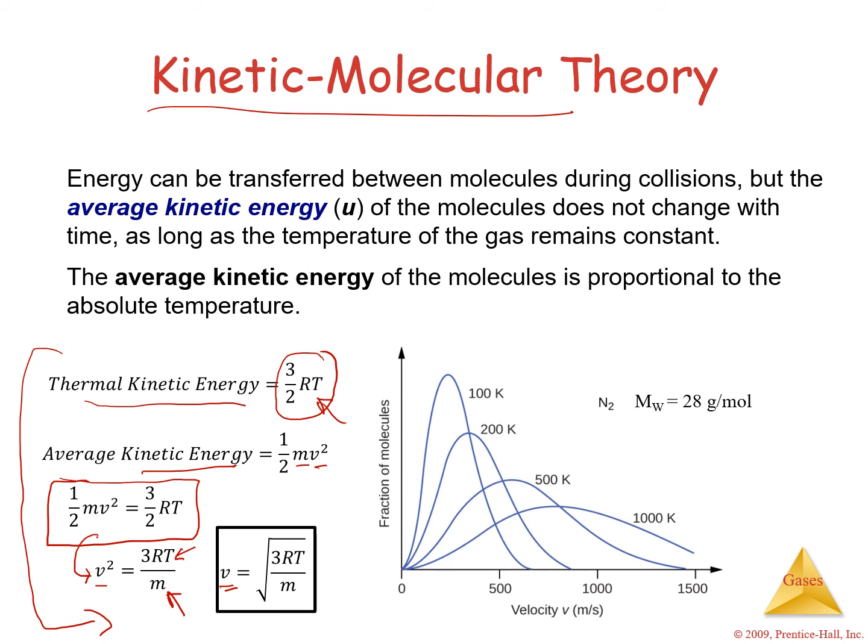If you recall the previous slide, the average velocity associated with the average kinetic energy was on a bell shape around here. This is a bell shape for 100 kelvins. If you raise the temperature, this is more or less here for 500, and 1,000 around here.